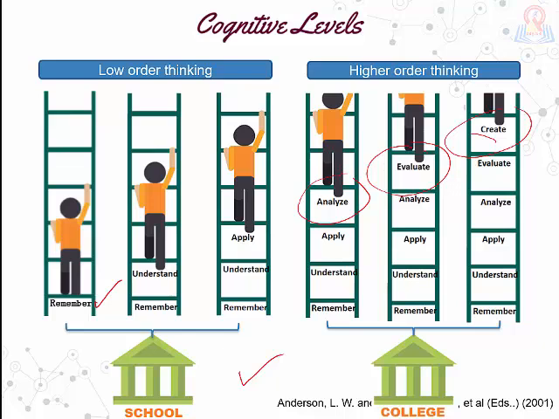So we must be very careful in writing the intended learning outcome for college. The learning outcome for the school and the college is different. That's why I showed this type of ladder type levels. The student at the evaluate level must know how to analyze, how to apply, understand, remember. That's very important because it's a hierarchical level.